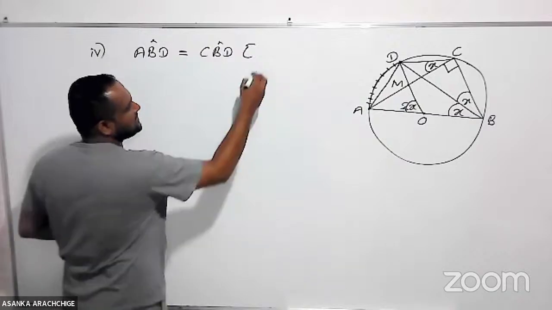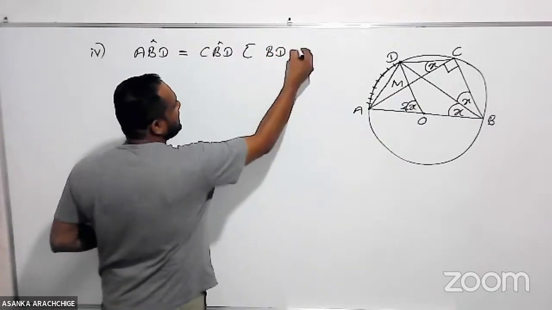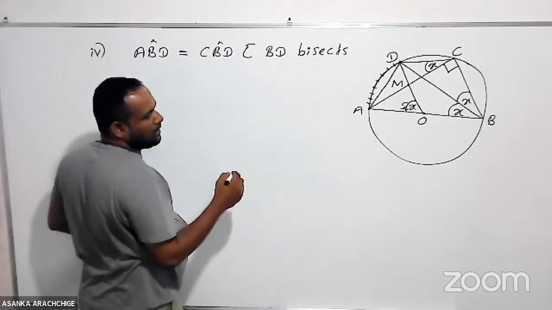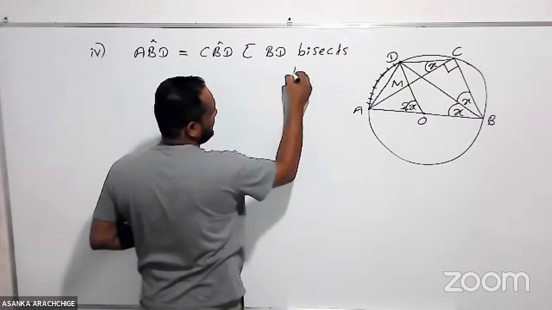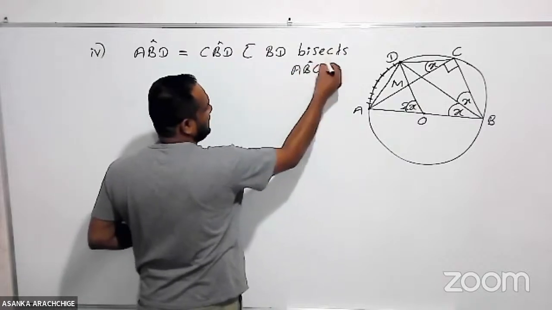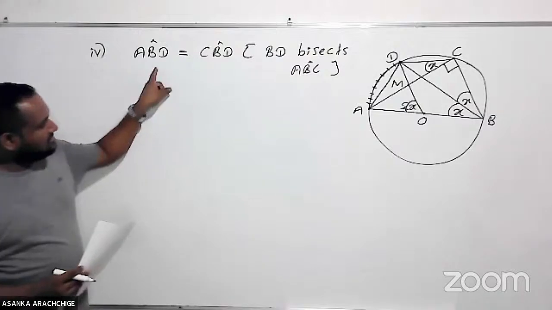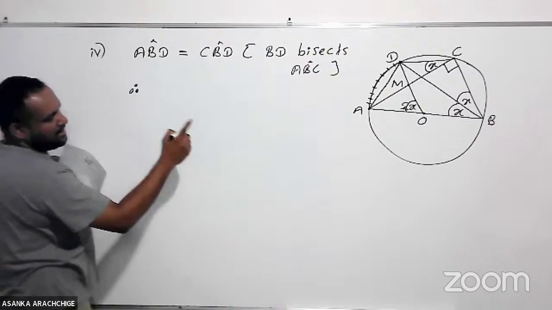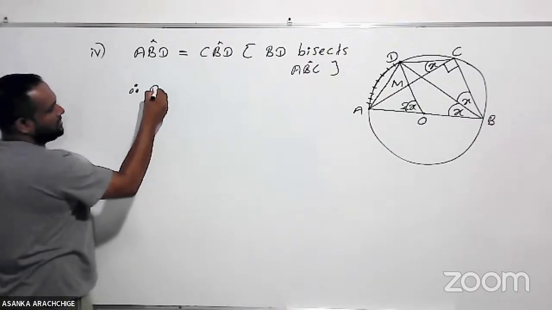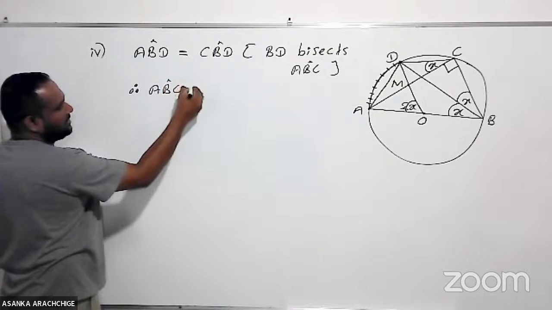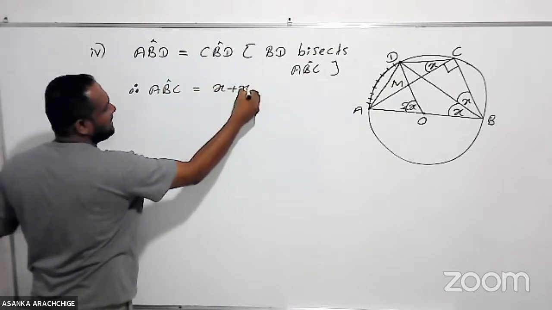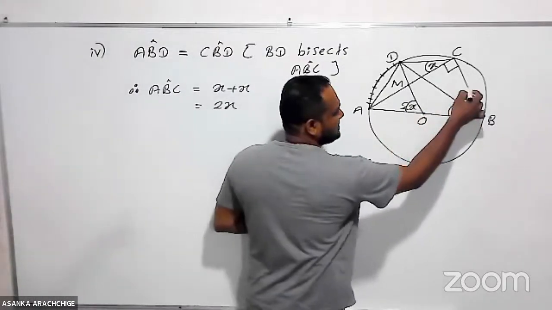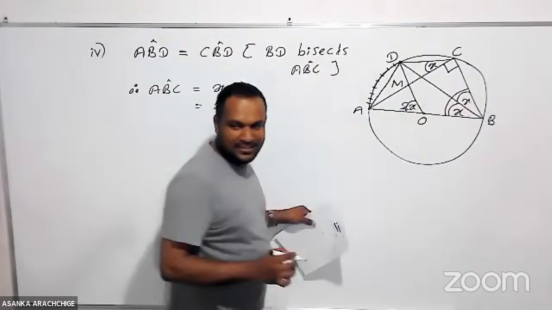BD bisects angle ABC. That is why we can say that these two are equal. Therefore, angle ABC equals x plus x, which is 2x. This entire angle is 2x.